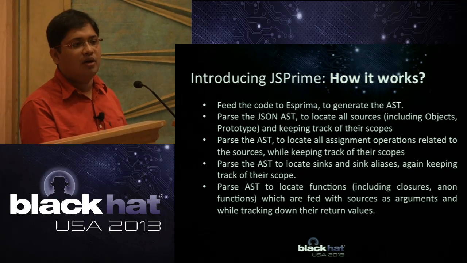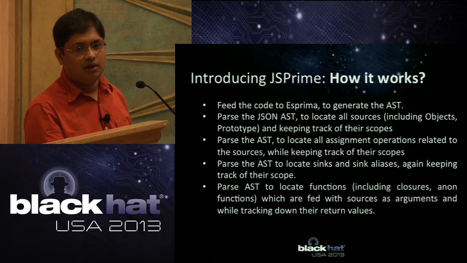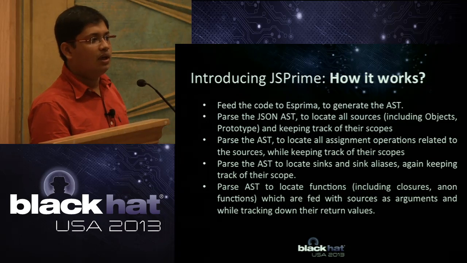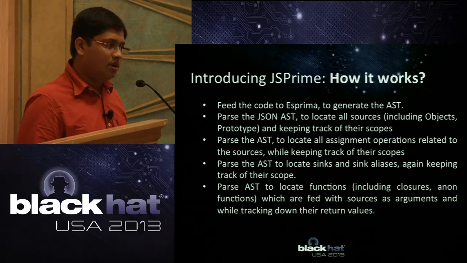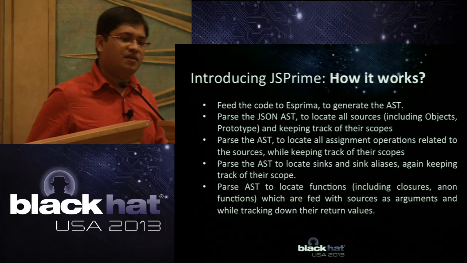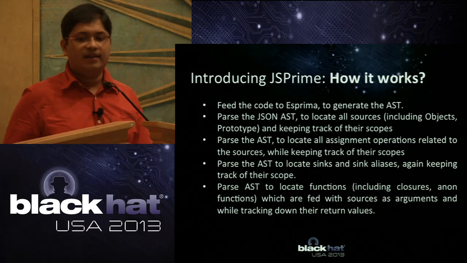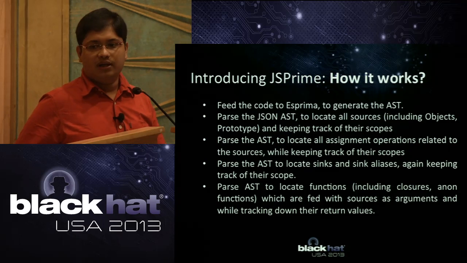I'm sure all of you are aware of these sources and sinks in the context of JavaScript DOM accesses. So I'll just give a small introduction to sources. Any DOM APIs or any APIs in JavaScript that take data that can be manipulated by the user, or that take user data, we call sources.